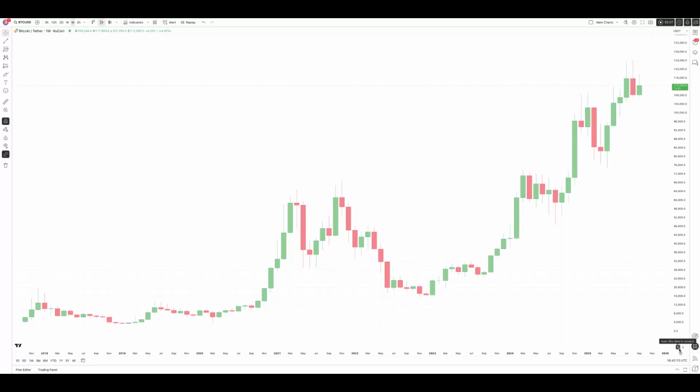I use that because it fits the data to your screen, but also what I'm talking about here is logarithmic charting. And for me, this is essential. The first thing I do when I see a chart, I click log scale.